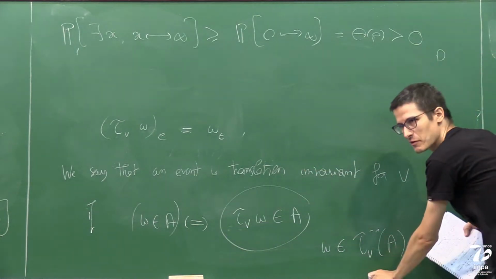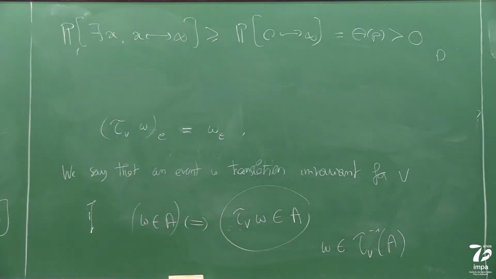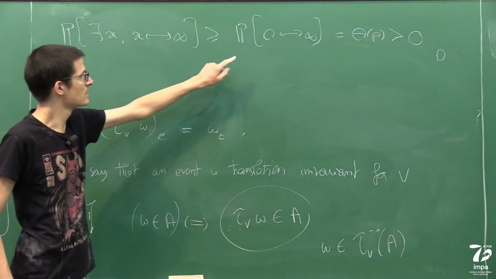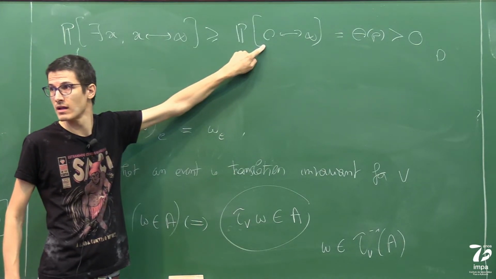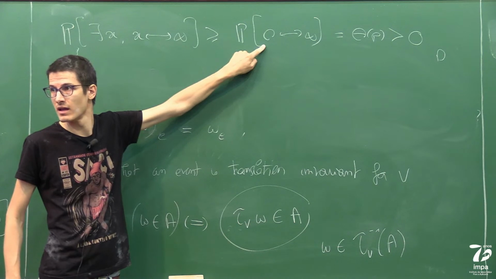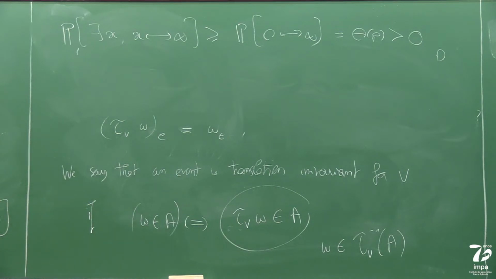So thank you very much. This was a serious omission. Is it not going to be equal by the translation of variables instead of greater? Oh, no, because this event is not translation invariant. The event which is translation invariant is that there exists a vertex in the lattice which is connected to infinity.